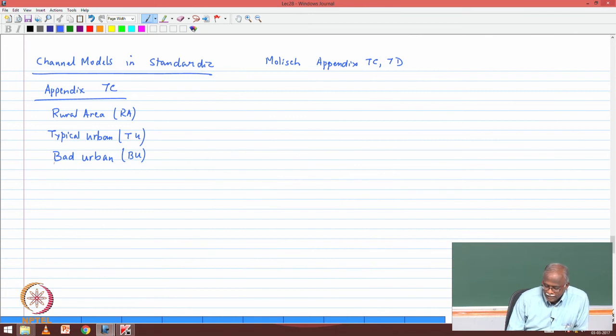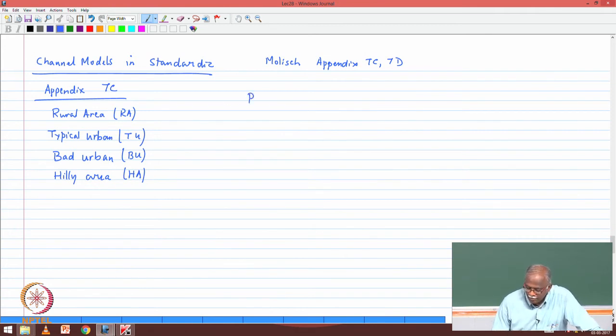And then there is a hilly area, HA. Now, it is interesting for us to see the different channel models and how they are described. I would definitely like for you to go in and see them. These are described by means of the power delay profile. Let me take just two examples.